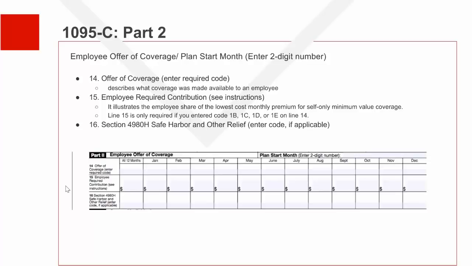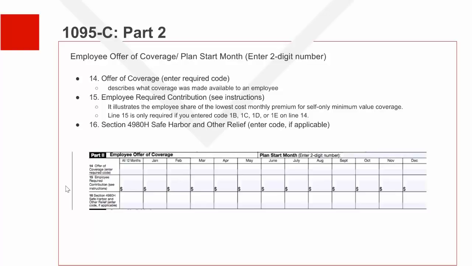I did want to note before we move on from line 15, even if the employee was actually enrolled in a higher cost coverage option, had a plan that included dependents, or opted out of coverage altogether, line 15 should reflect the premium of the lowest cost option offered. That's all the IRS is really looking for, making sure that the lowest cost option was what they deemed to be affordable.